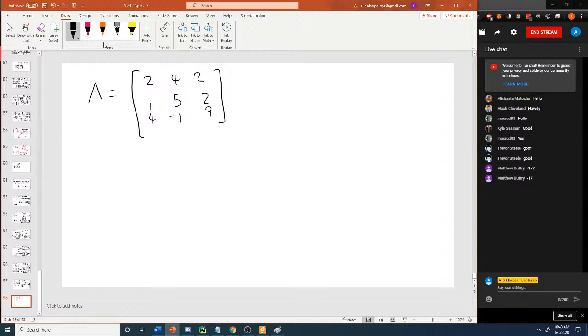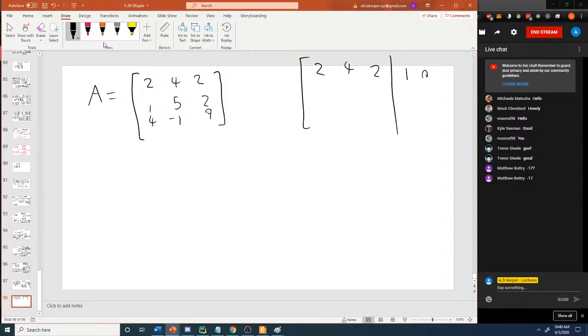So what we do is we take A, we form the augmented matrix: 2, 4, 2, 1, 0, 0, and 0, 1, 0, 1, 5, 2, 4, -1, 9, 0, 0, 1.